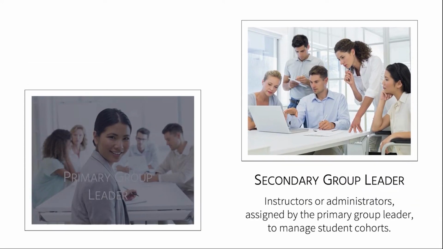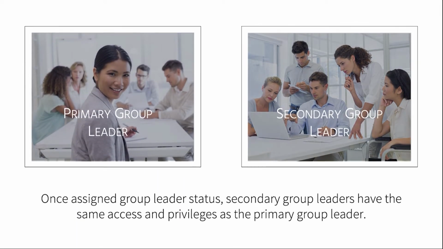As a primary group leader, you can then assign secondary group leader status to instructors or other administrators who are managing student cohorts. This process happens after you've purchased textbooks for a student cohort. Once assigned group leader status, secondary group leaders have the same access and privileges as the primary group leader.